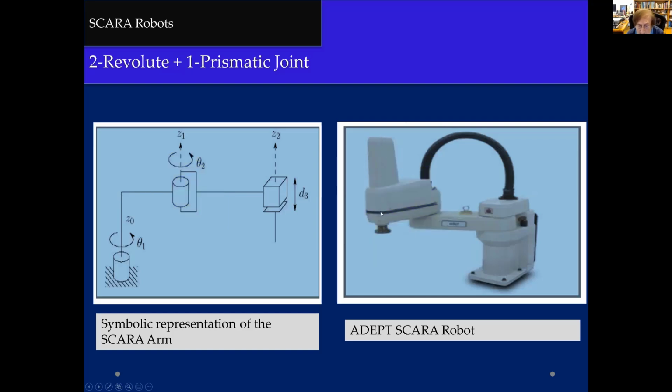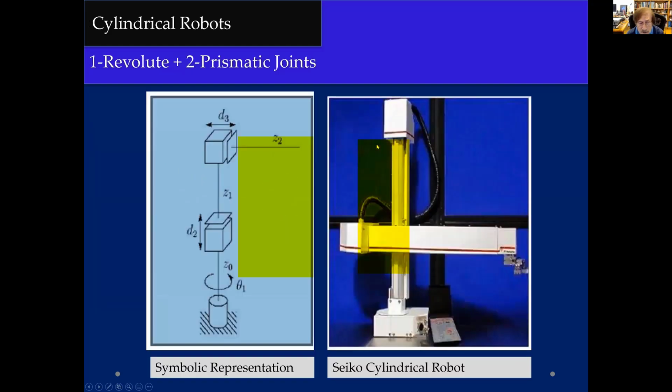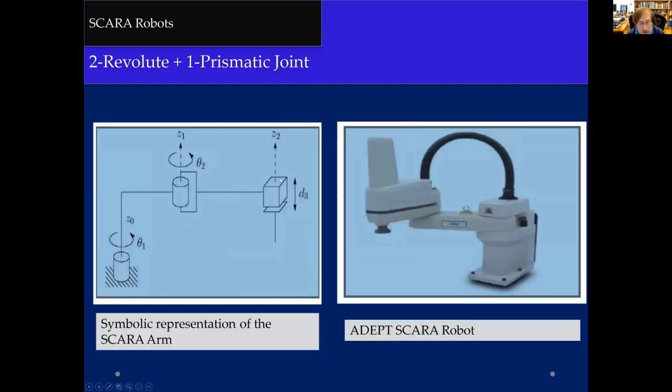And here we can see that there's a part here which can go up and down. How do I know it? Because this prismatic joint clearly shows us that there is a part here which can go down or up.